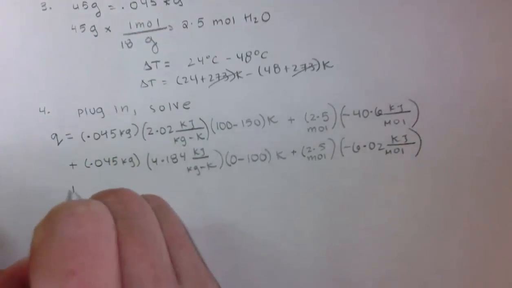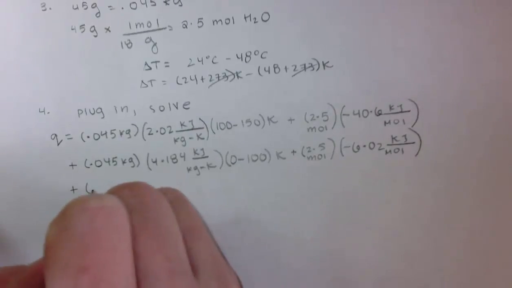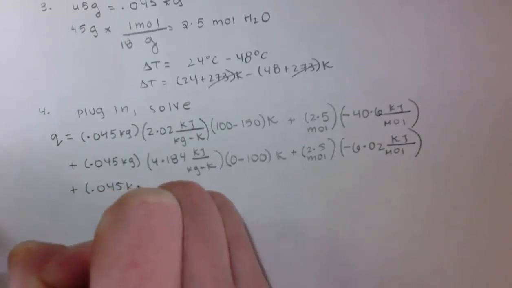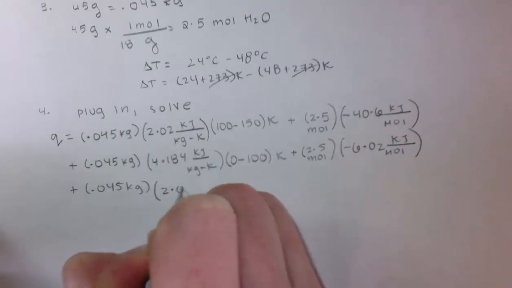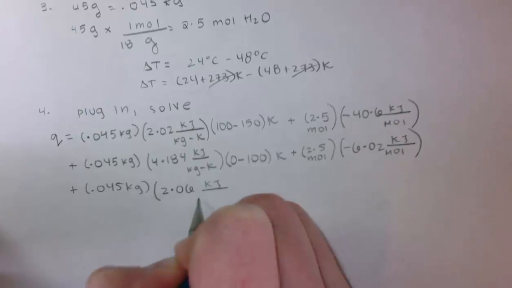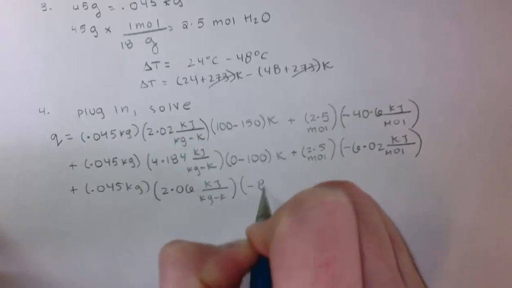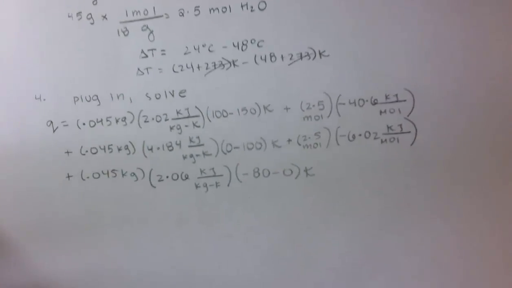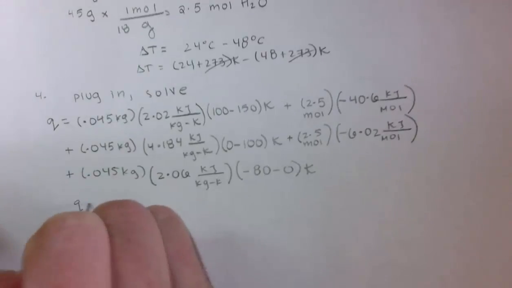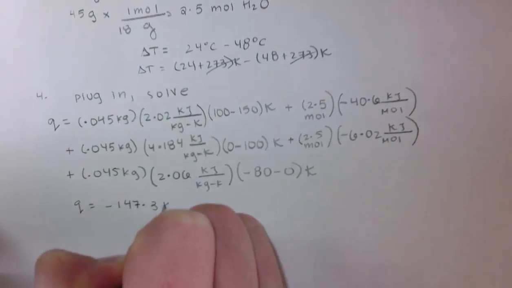So we're going to use our sensible heat formula, which is our mass times the specific heat for the solid phase, and times our change in temperature. And I end up getting that Q equals negative 147.3 kilojoules.